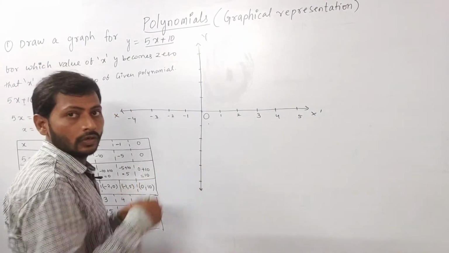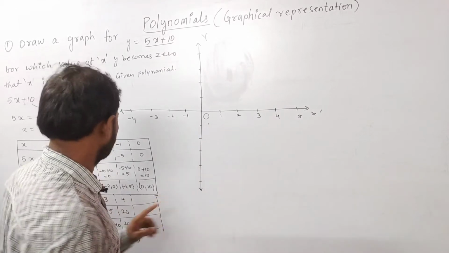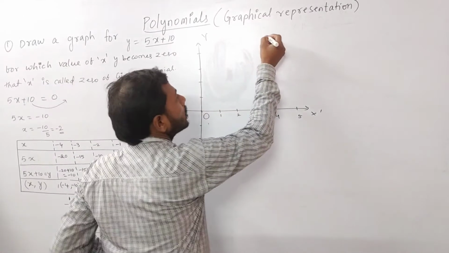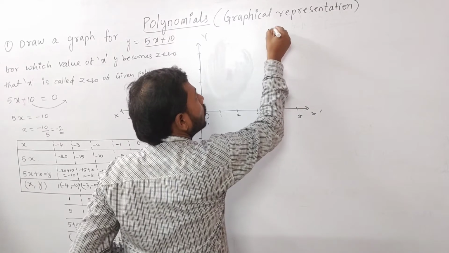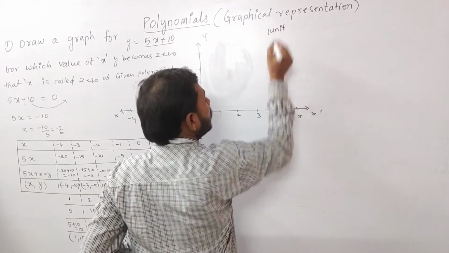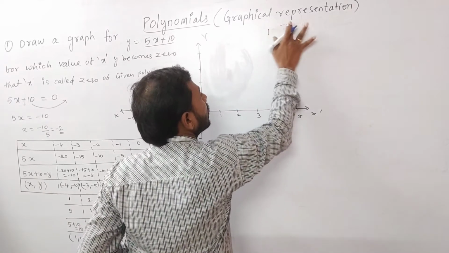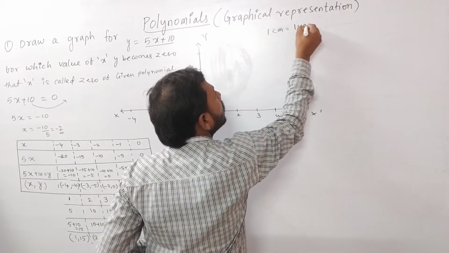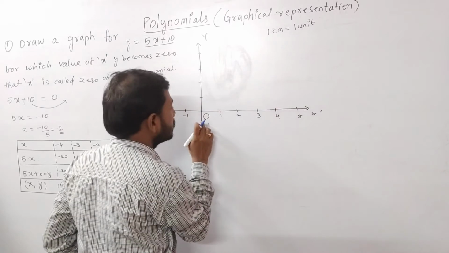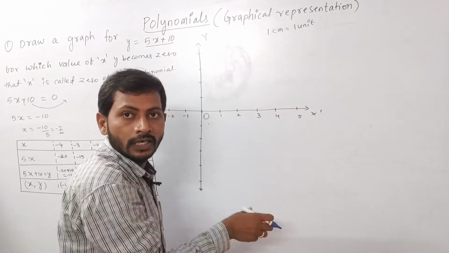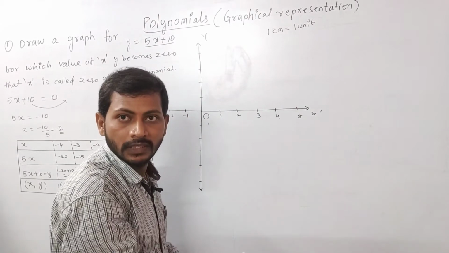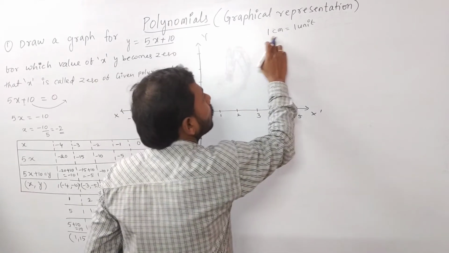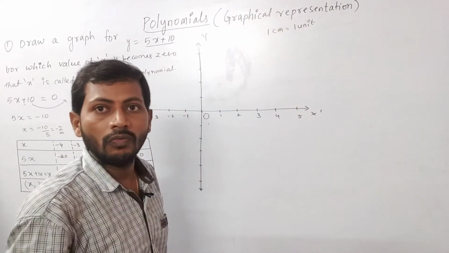What you have taken, that you can write. X-axis, 1 unit equals 1 centimeter. Otherwise I will write 1 centimeter equals 1 unit, because in the graph paper you can see 1 centimeter, 2 centimeters, 3 centimeters. That's why I say 1 centimeter equals 1 unit.